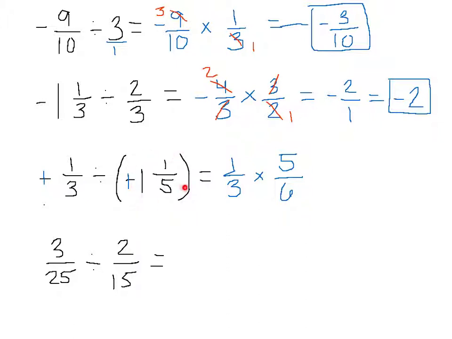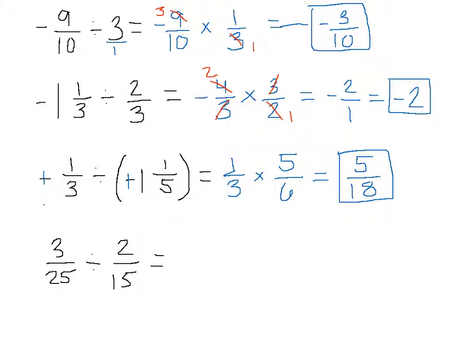So if I were to change this into an improper fraction, it would be 6 over 5. But because I had to flip this fraction, I automatically flipped it to 5 over 6. I just did 2 steps in one. And looking at these fractions, I can't cross-cancel anything. So I just multiply the tops and multiply the bottoms. So 5 over 18 is going to be my final answer.